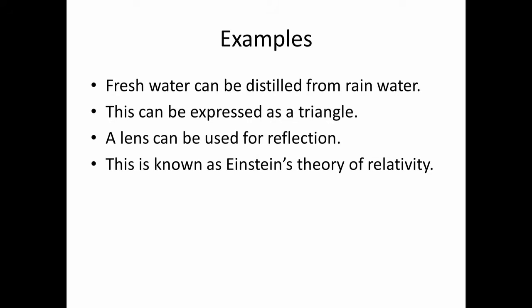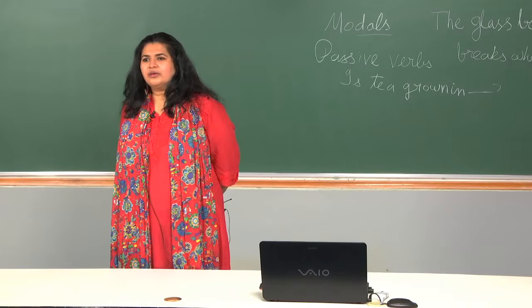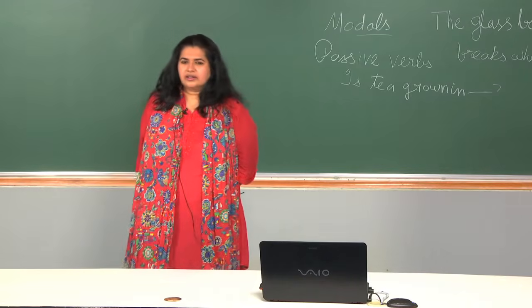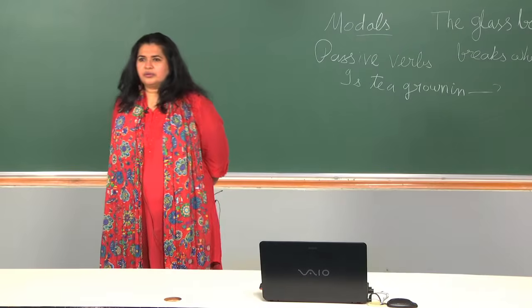So, this can be expressed as a triangle. All these are examples of passive verbs using modals. A lens can be used for reflection or for refraction, whatever way you want it, and this is known as Einstein's theory of relativity. These are examples, and now let me show you some of the exercises that you are supposed to do.